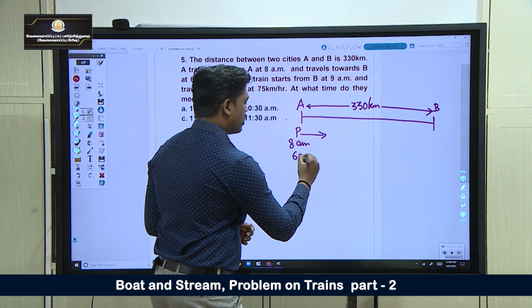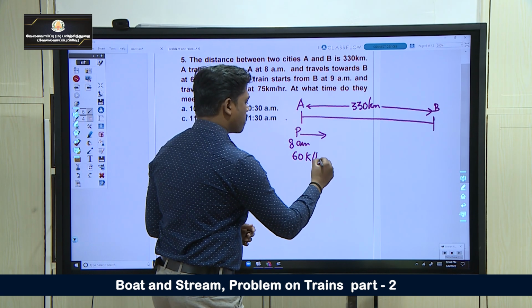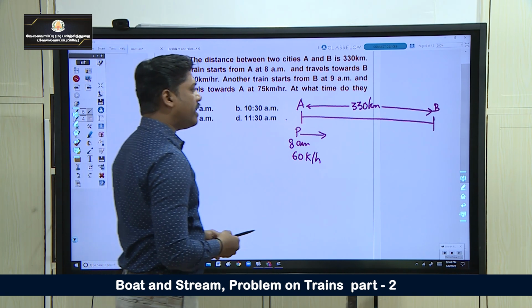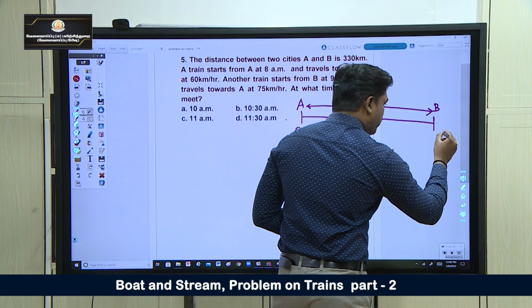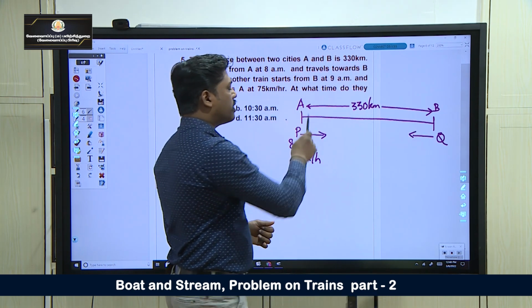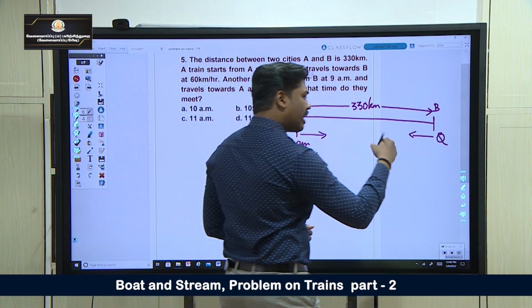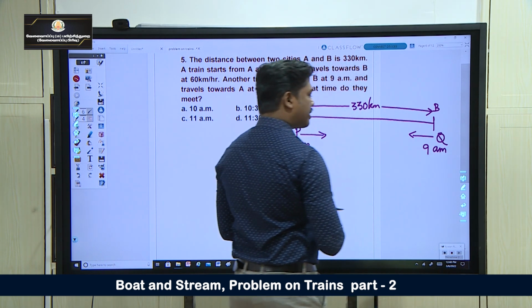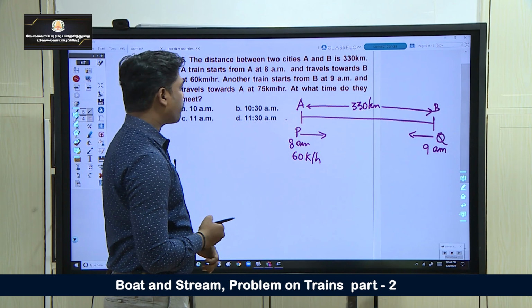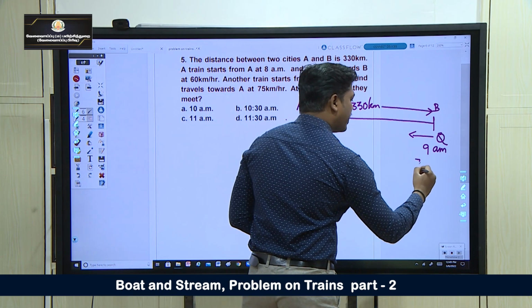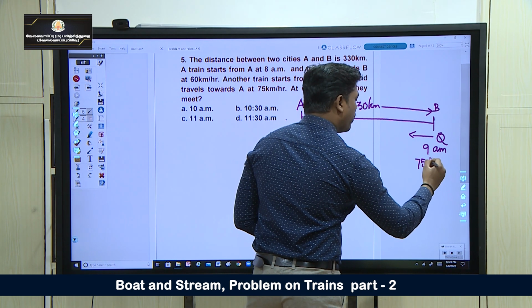So the speed is 60 kilometer per hour. Now, another train starts from B. Let me call this train Q. This train is moving towards A and starts at 9 a.m., at a speed of 75 kilometer per hour.